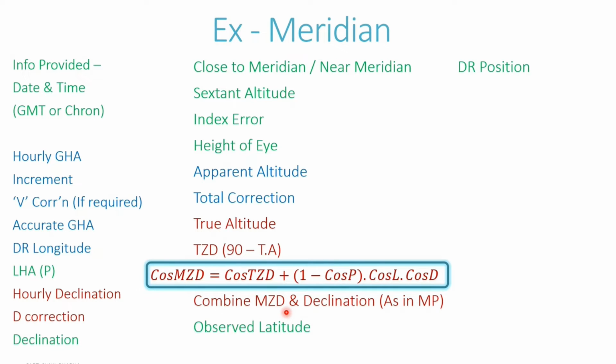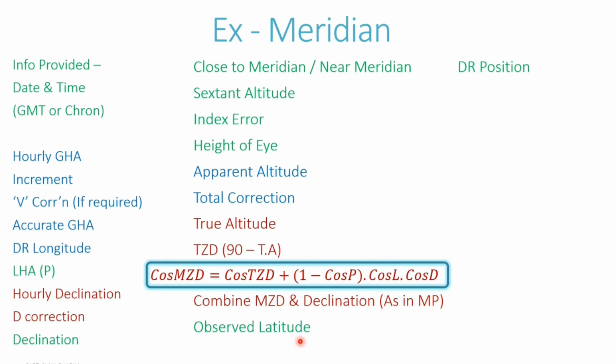We had done a shortcut method. You first give name to the true altitude. The name to true altitude is the same as the azimuth of the body, in whichever direction the body is, north of the observer or south of the observer, the same name is given to true altitude, and opposite to that is given to TZD as well as MZD. So once the MZD name is there, you have the declination name given in the almanac. Same names you combine, opposite names you subtract the smaller one from the bigger one and retain the name of the bigger one. It gives you the observed latitude.